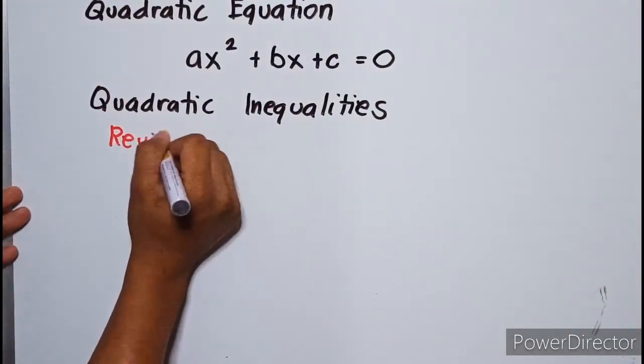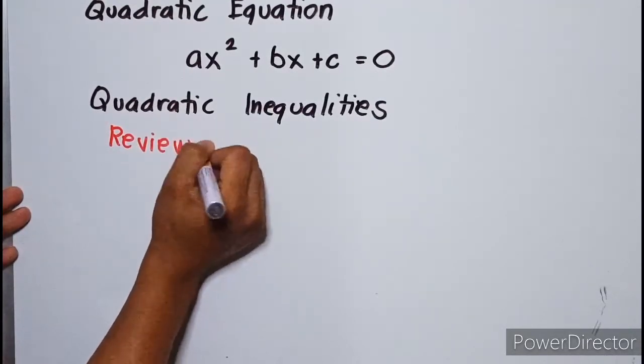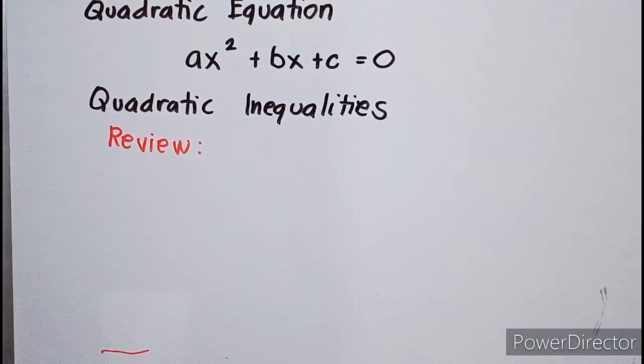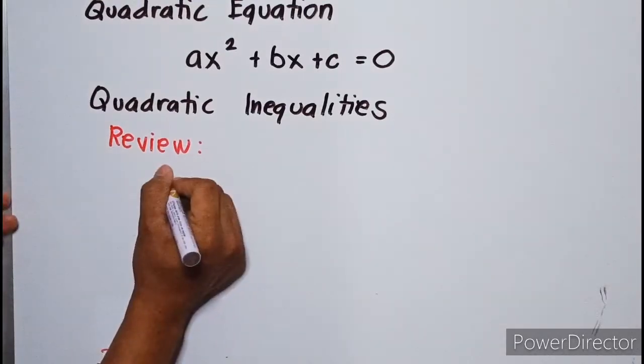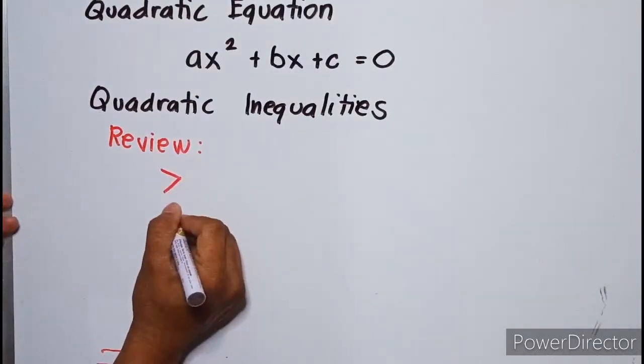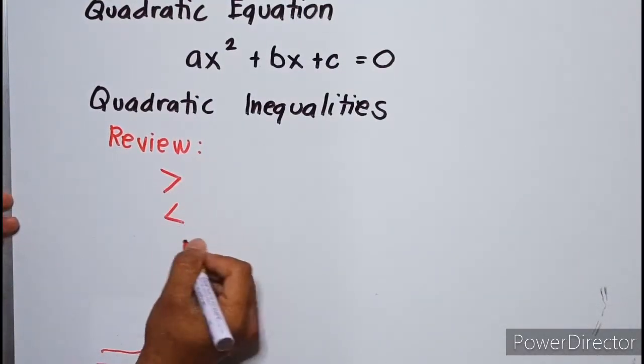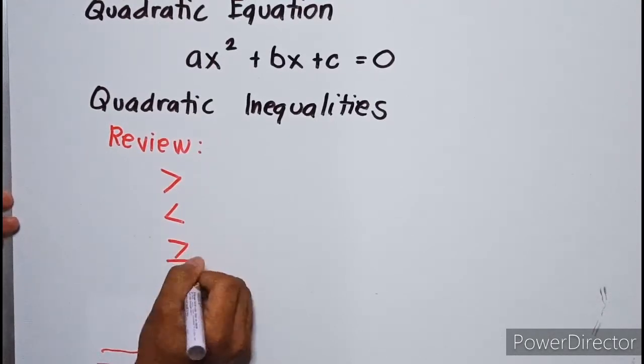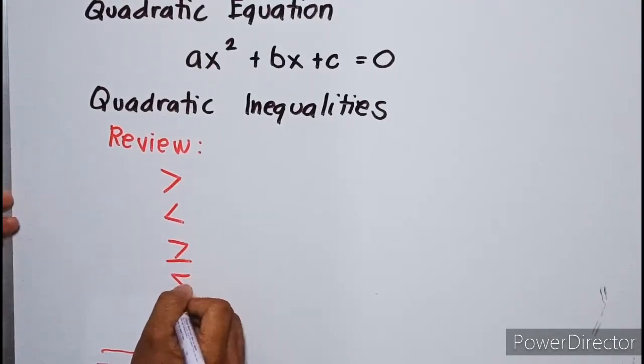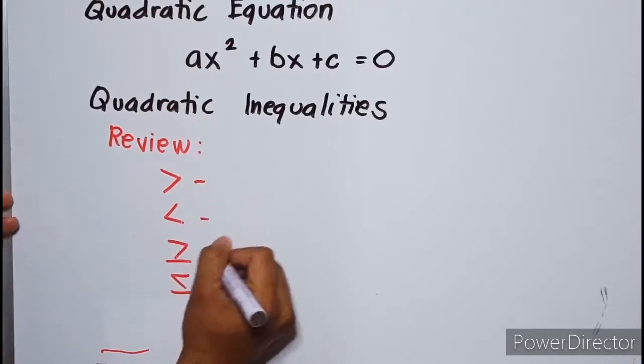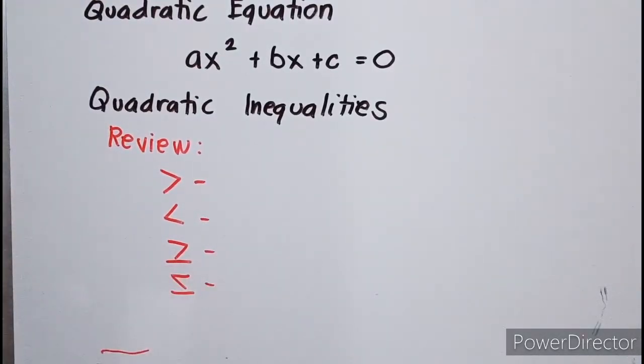So, we have four symbols for inequalities. These four are the symbols for inequalities.